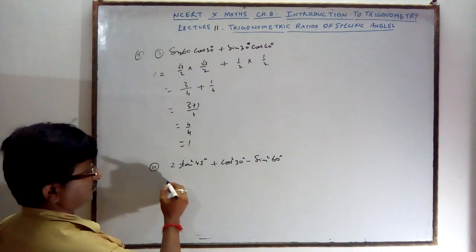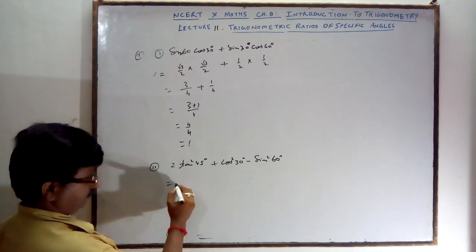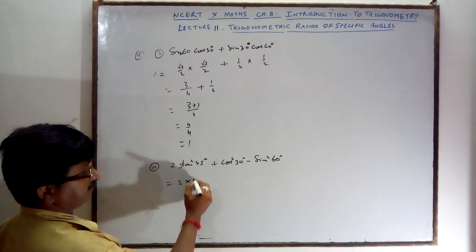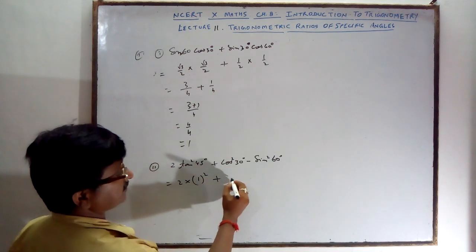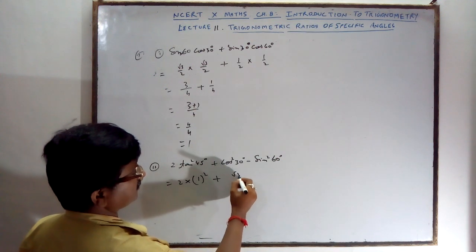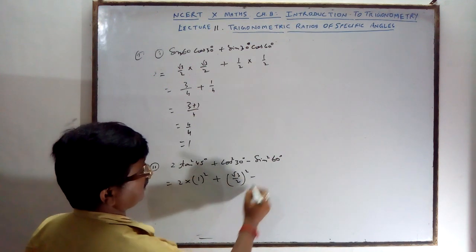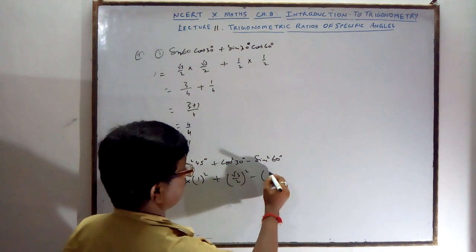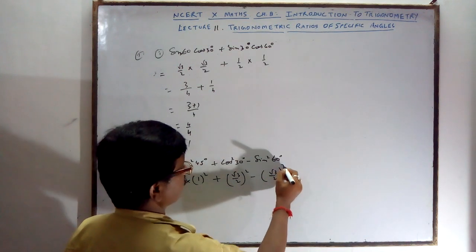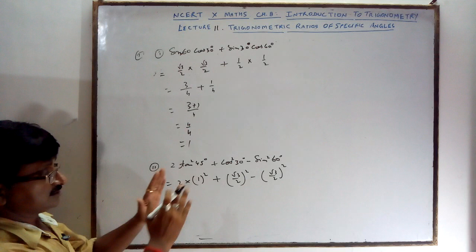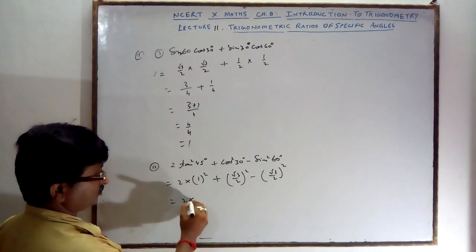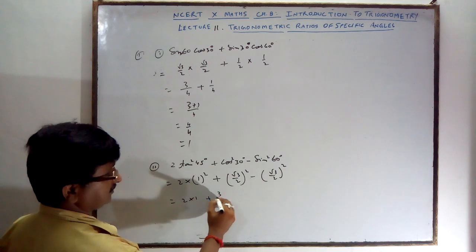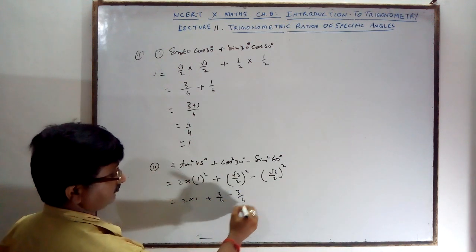This 2 tan square 45, what will you do? 2 into tan square 45, which means 1 square, plus cos square 30, root 3 by 2 whole square, minus sin square 60, again root 3 by 2 whole square. The square will be outside the 30 and 60 by root. 2 into 1 plus 3 by 4 minus 3 by 4.